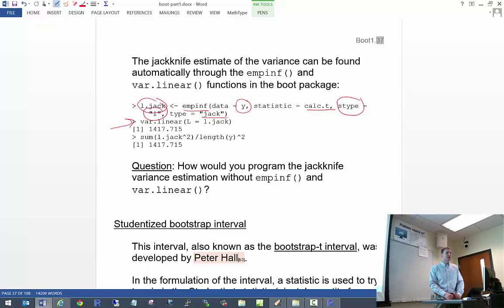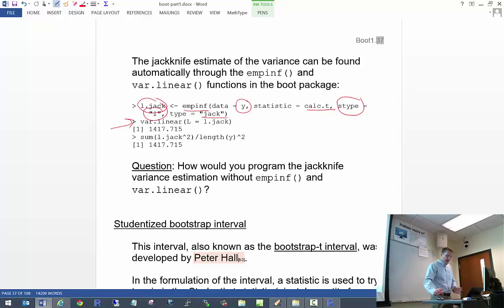The for loop. Yeah. So loop over all the observations in your data set, calculate your statistic of interest without the ith observation in it, save the results, do some other stuff, and there you go. It wouldn't be too difficult to do.